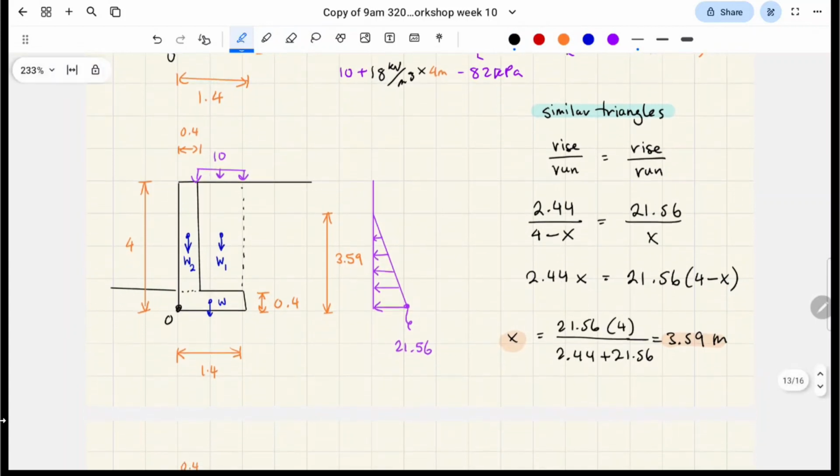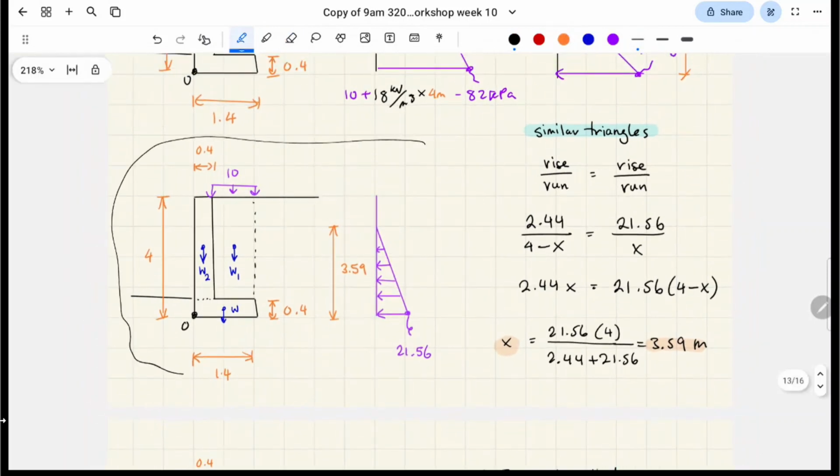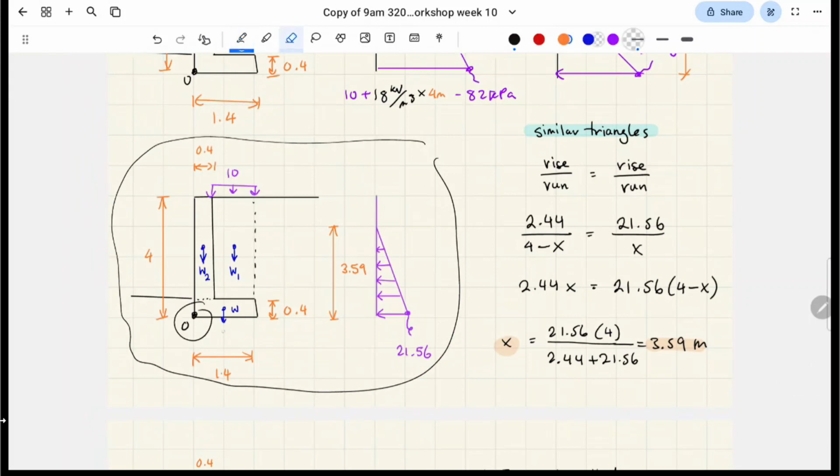Okay, so I've written it here, and I've excluded the tensile triangle, the tensile stress distribution. So now this is the setup. We have our point O, and we've broken this retaining wall into rectangles essentially.